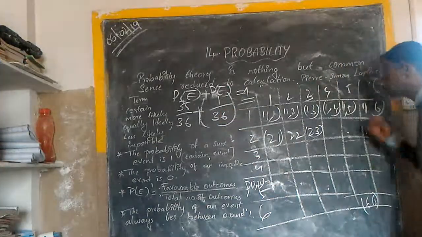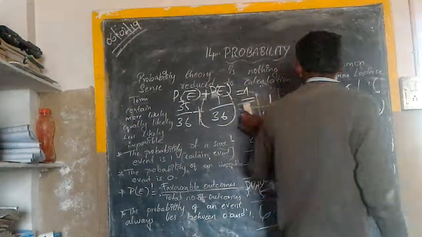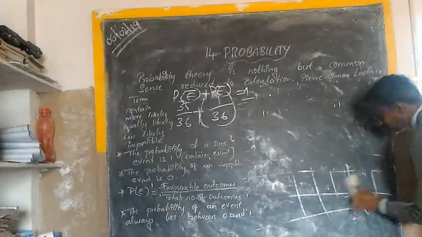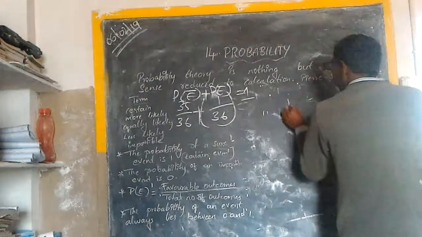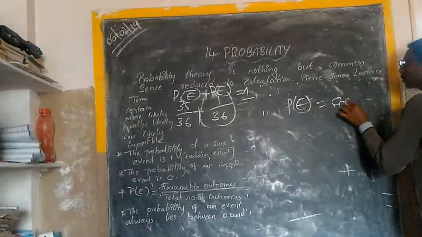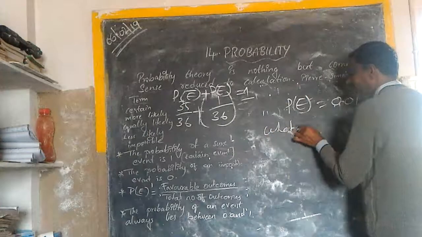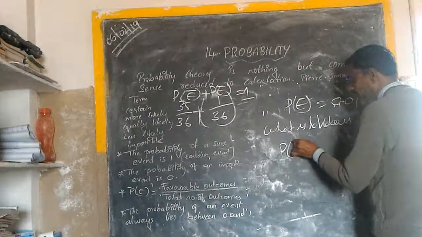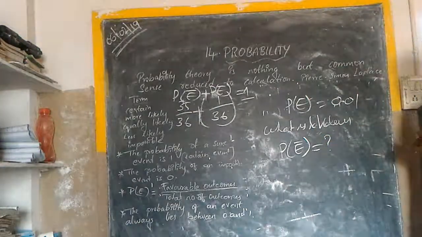Suppose somebody asks you one question: the probability of an event, P of E, is equal to 0.01. What is the value of P of E complement, or not E? I need to find this one. Very simple.